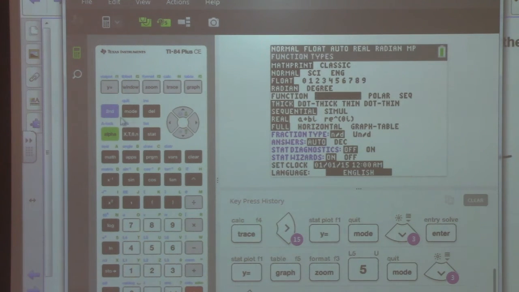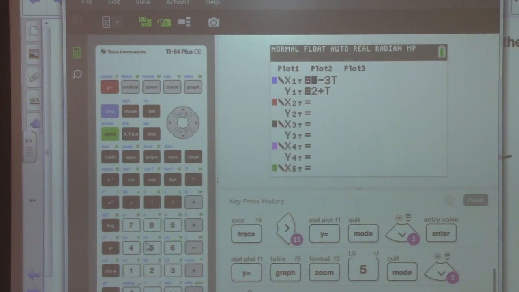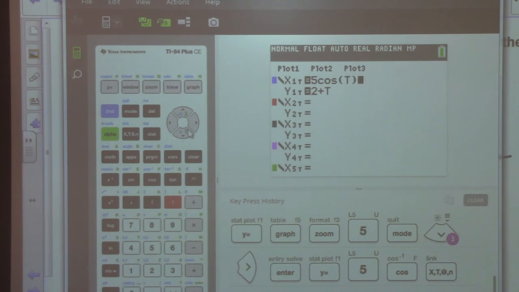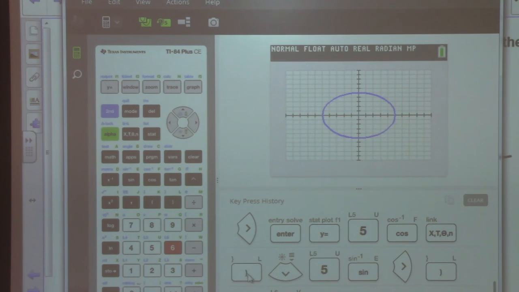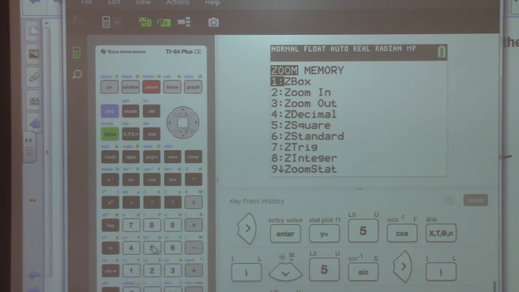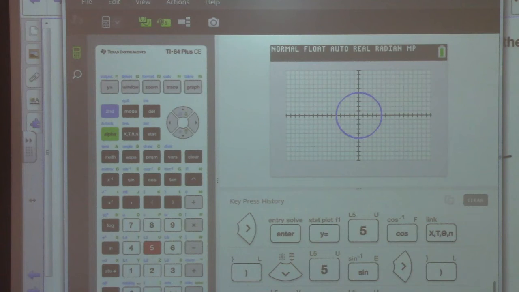So we have 5 cosine t, and over here 5 sine t. And we graph this thing. I'm going to go Zoom 6, and that's what it looks like. And if I go to Zoom Square, that will square it up.